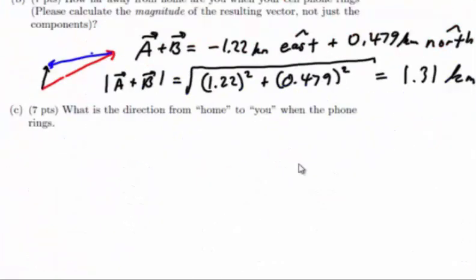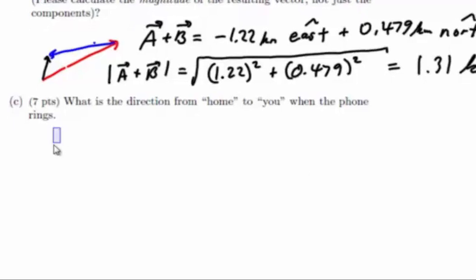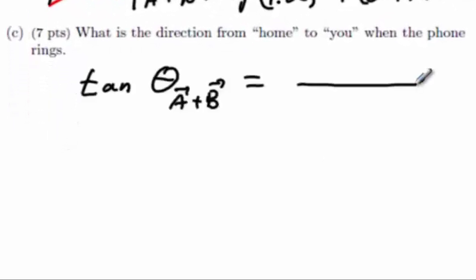Lastly, we're asked, what is the direction from home to you when the phone rings? Well, looking at the diagram in the previous part of the problem, we can see that the vector A plus B, drawn in black, is indeed in the direction of home to you. So to find the direction of that vector, we do it the same way as for finding the direction of any other vector. We set the tangent of the angle of the vector A plus B equal to the ratio y component over x component.